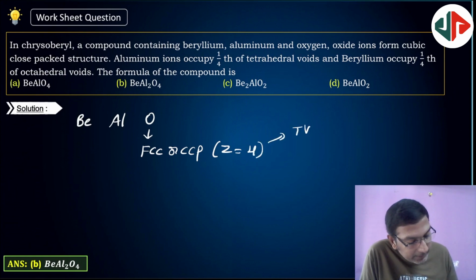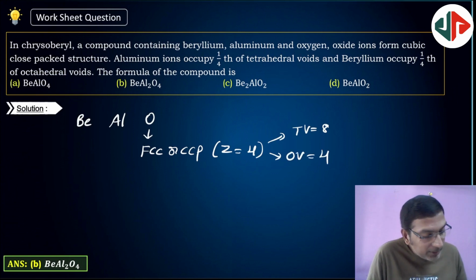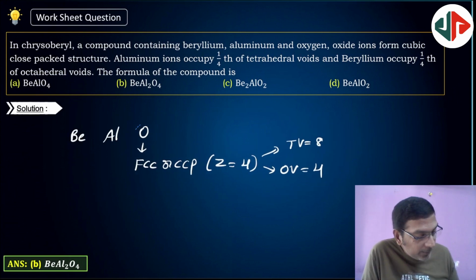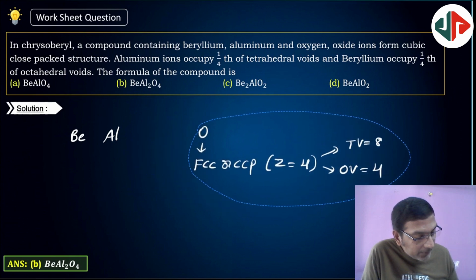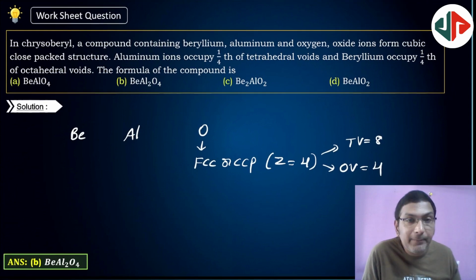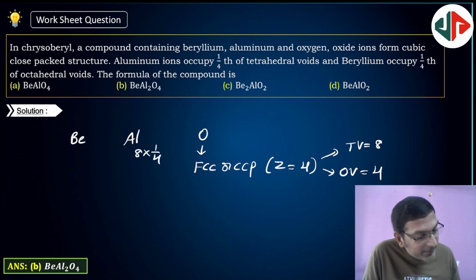Therefore, tetrahedral voids equal to 8 and octahedral voids equal to 4. Next, aluminium occupies 1/4 of tetrahedral voids. Tetrahedral voids are 8, so 8 into 1 by 4. Next, beryllium occupies 1/4 of octahedral voids. Octahedral voids 4, 1 by 4.